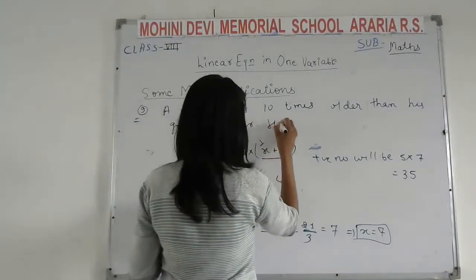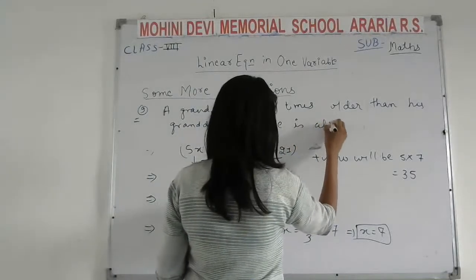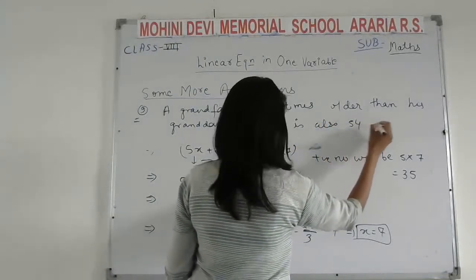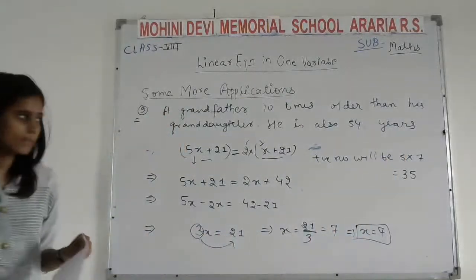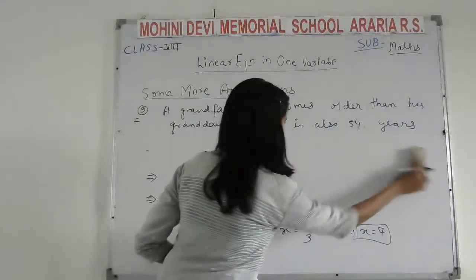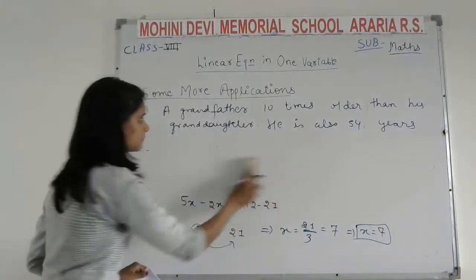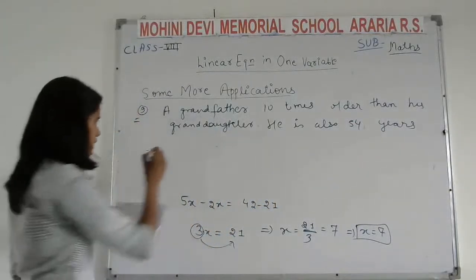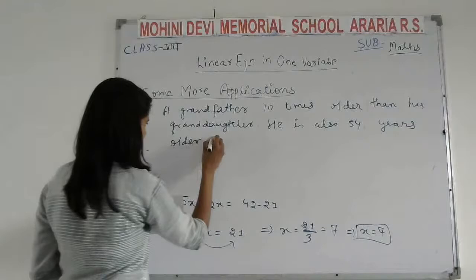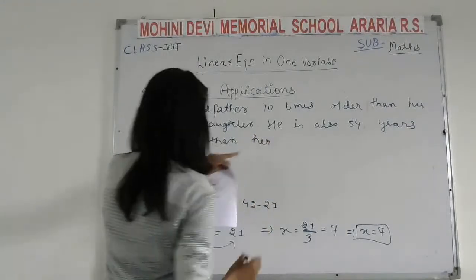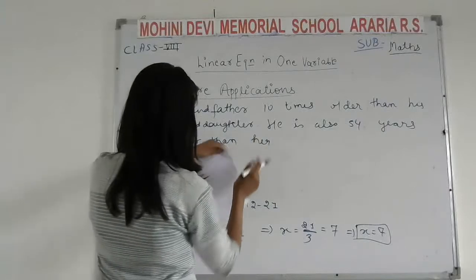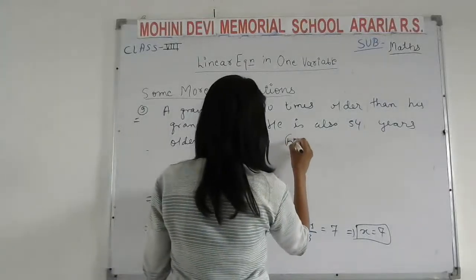He is also 54 years older than her. Here 'her' is used for the granddaughter. Find their present ages.